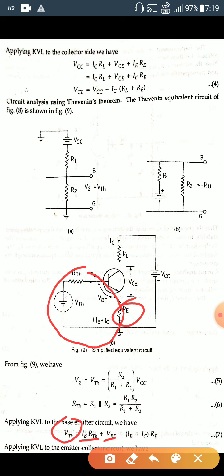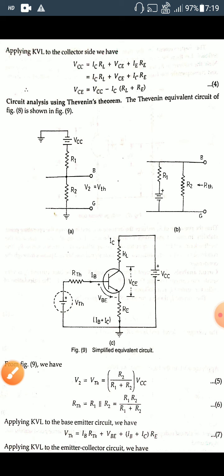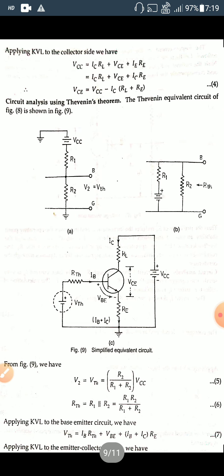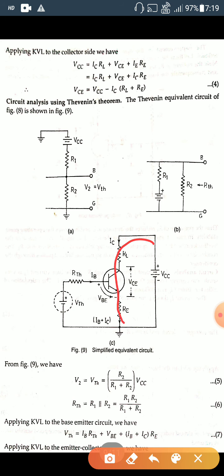Now we are applying the KVL for this one circuit or path. At that time VCC will be equal to IC into RL and VCE plus RE into (IB plus IC).